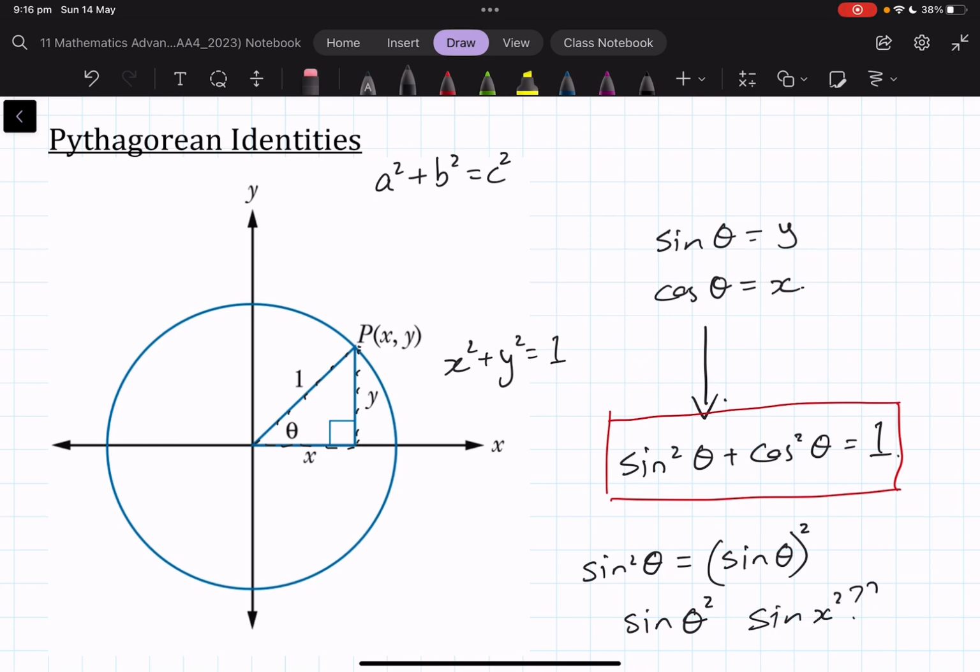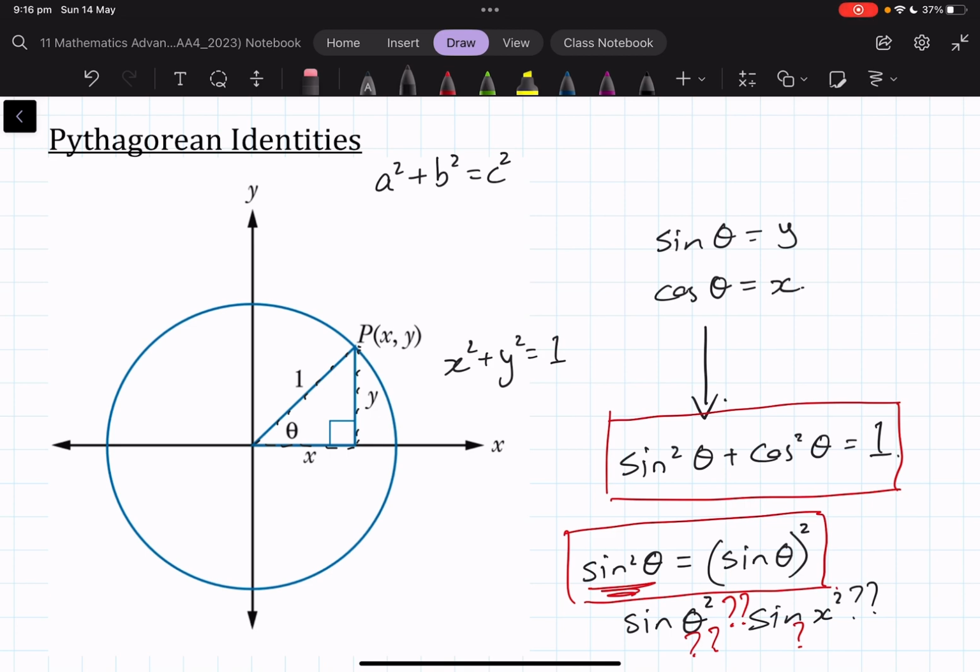Like, these are confusing, right? I don't understand what might be happening. So we write it like this. We put the square next to the sine, so that means sine of theta all squared. If I wrote sine x squared, I would be saying it's sine of x squared, right? So make sure that you write sine squared theta plus cos squared theta equals 1.